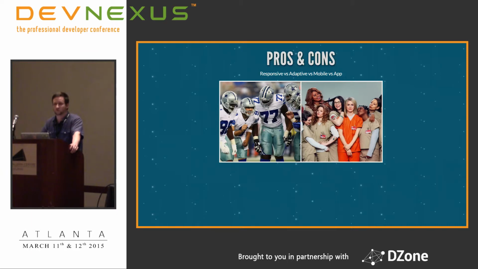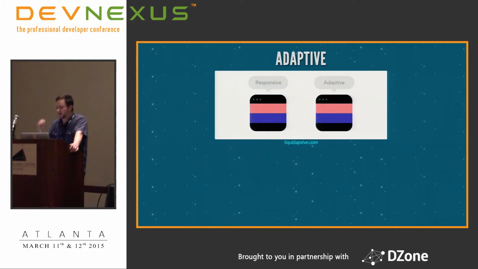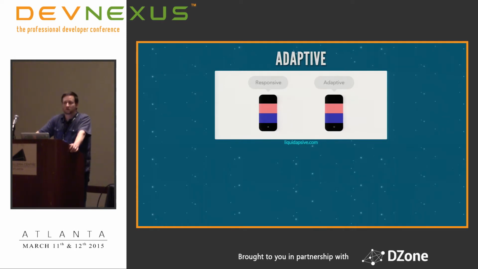So let's briefly go into the pros and cons. I'm not going to share all the different types of pros and cons, and if you can't read the small text up there, it's responsive versus adaptive versus mobile versus app. There are many different solutions out there, and you have to make the decision of which way to go. But we're going to focus quickly on adaptive versus responsive, and you'll see from this graphic that adaptive is a common solution.